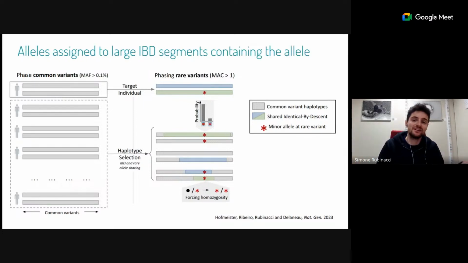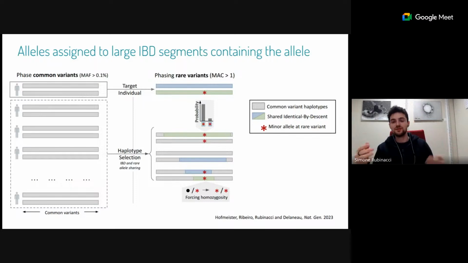And we assign the rare allele to the most likely of these paths, here shown in green. And importantly, as we work with probabilities, we can also report confidence scores, and this can be very useful for downstream analysis. As we can see later, phasing rare variants is very difficult and more prone to errors, so it's a good way maybe to filter out variants using these confidence scores.